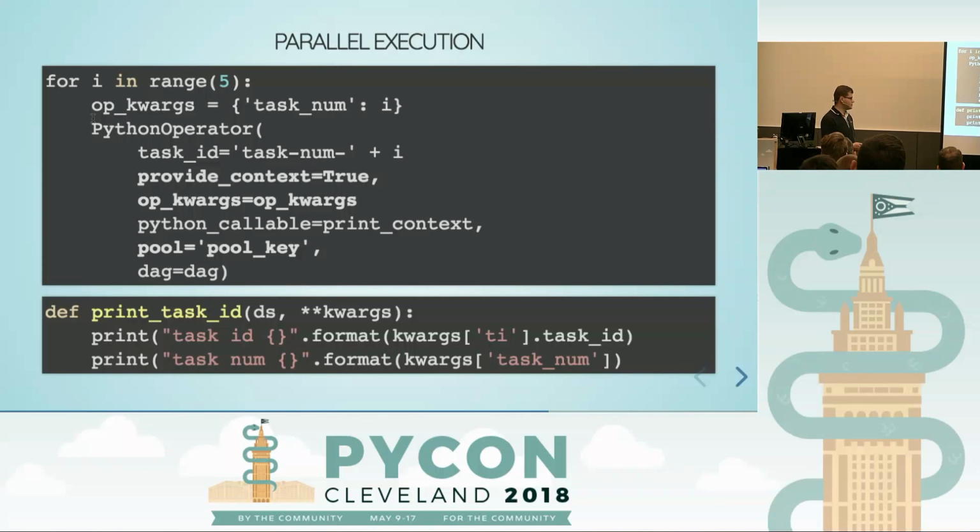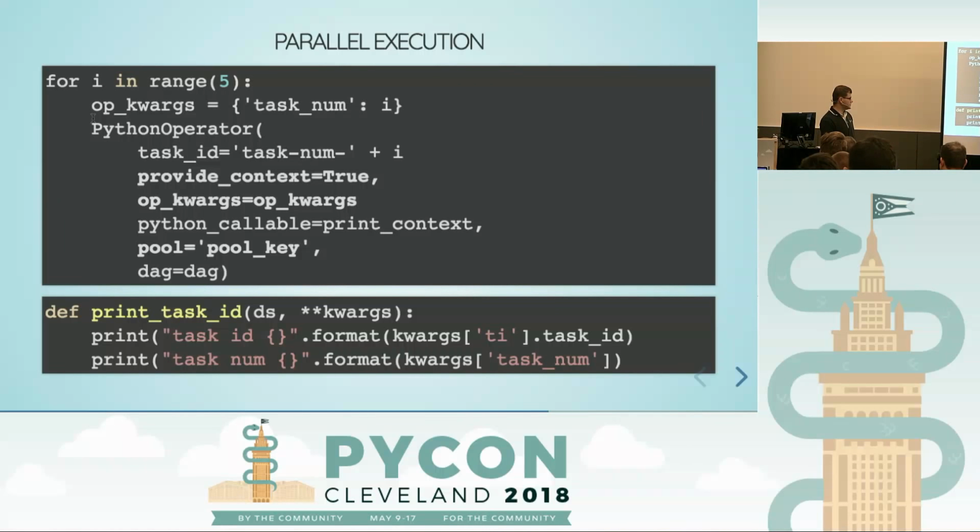And we can reference it inside of our function from the kwargs. So if you look here at the very bottom, in the print task ID function that I'm passing in the callable, I'm referencing my task number, and I can get which number this specific task was called with. Here in the example, it's something basic as an integer, but you can pass in your database table or something similar, or if you have a bunch of URLs you're pulling from, stuff like that.